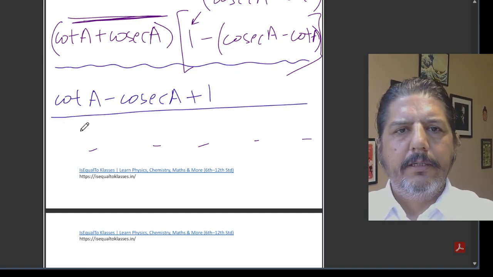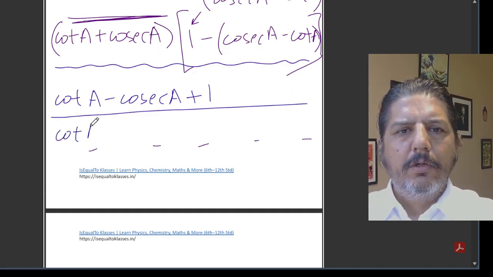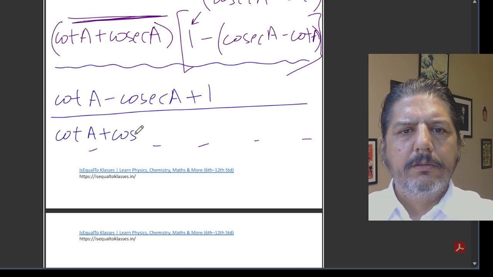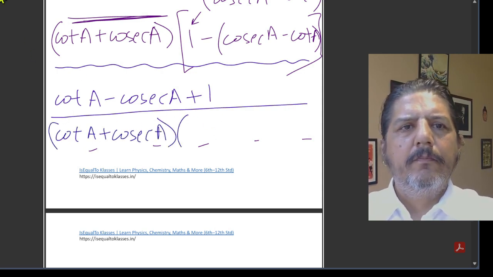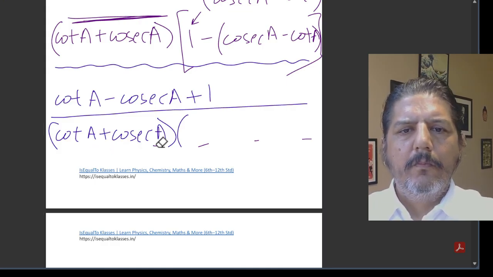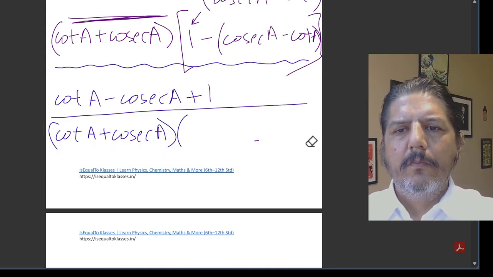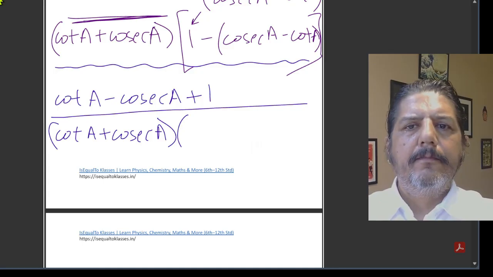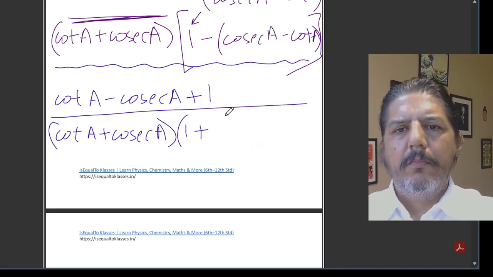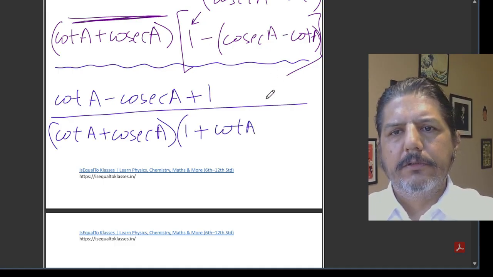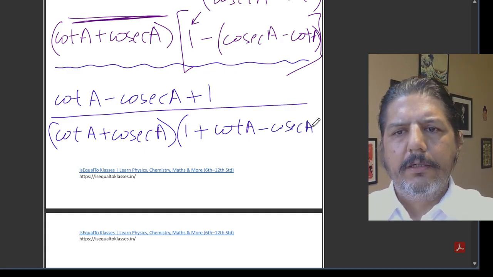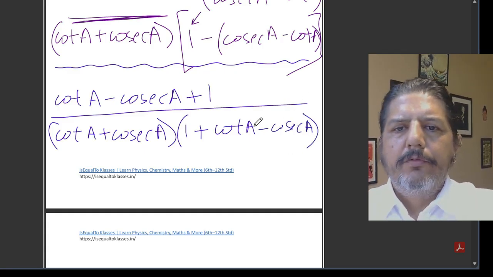Now my denominator is cot⁴ plus cosec² multiplied by 1 plus cot⁴. This minus and this minus, 1 plus cot⁴ minus cosec² minus cosec².